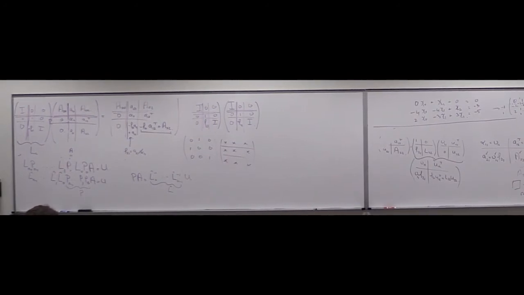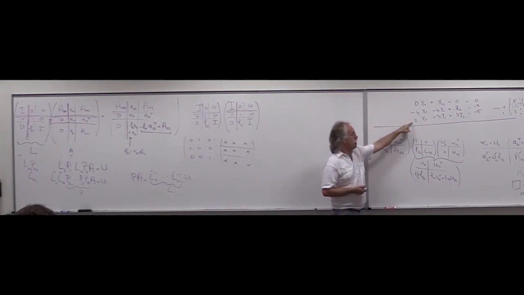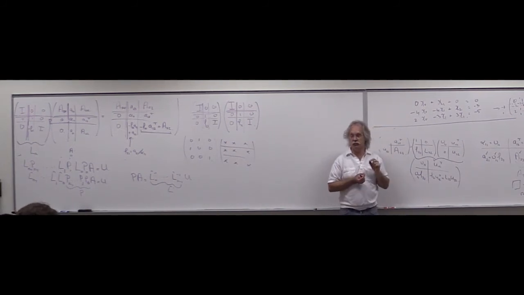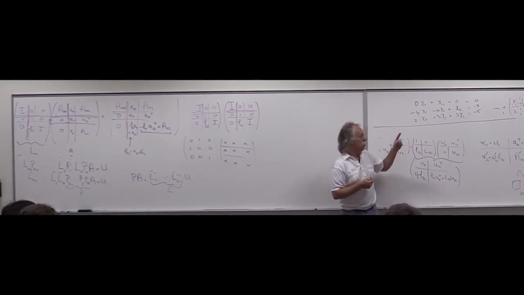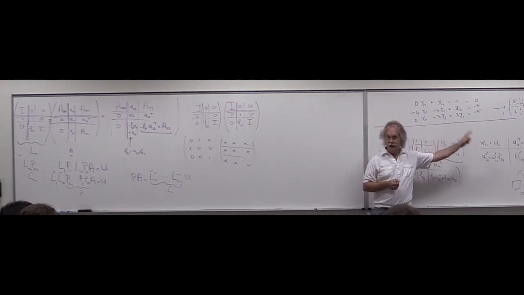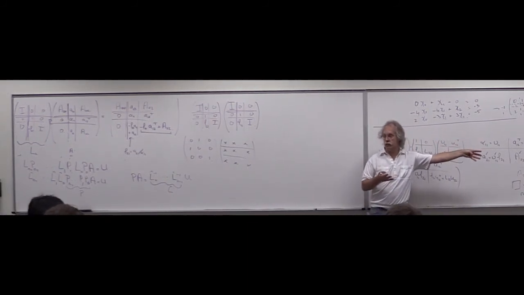So this is the way to think about it. You can think of doing Gaussian elimination, and at every step, making a decision of whether or not to swap two rows. And then along the way, eventually you get an upper triangular matrix.